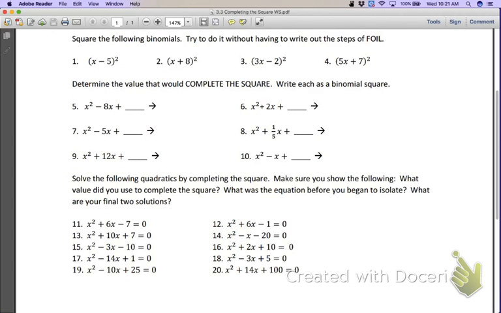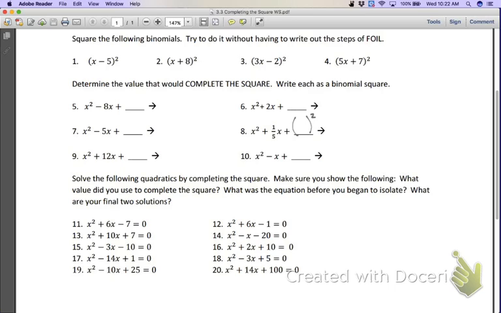With number 8, it says determine the value that would complete the square as a binomial squared. So again, this is one that we wouldn't necessarily want to do by completing the square. This is why we don't want to do completing the square. Whatever I have in here, what's going to go in that blank, like what do I need to divide and square in here?